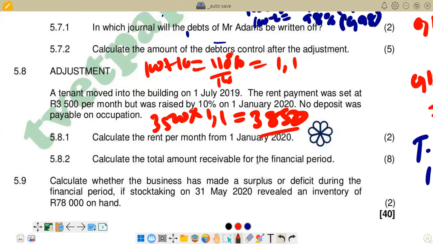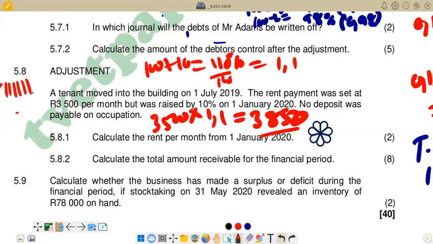So here, it's not going to be very difficult. What we are going to do, we are going to count the months that were there before the rent was increased. Remember, the tenant moved into the building on 1 July. So the tenant stayed in the building before the rent was increased. It was July, August, September, October, November, December.